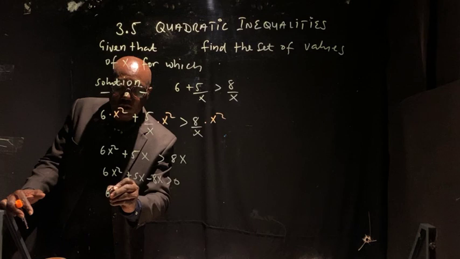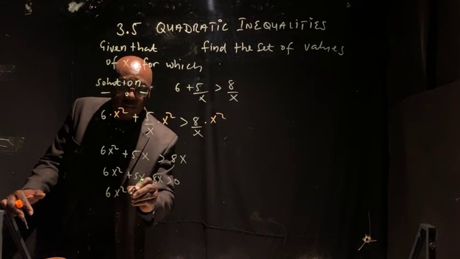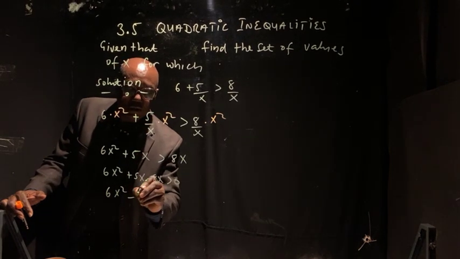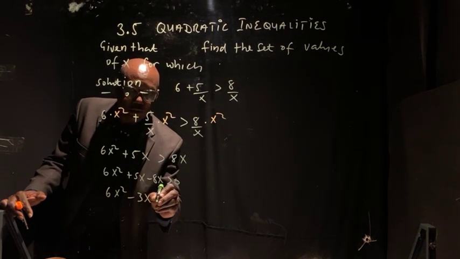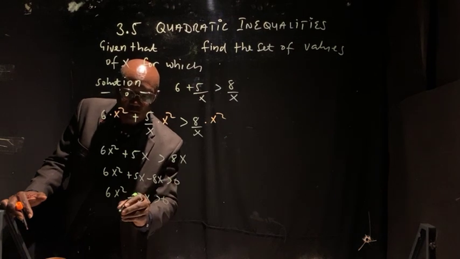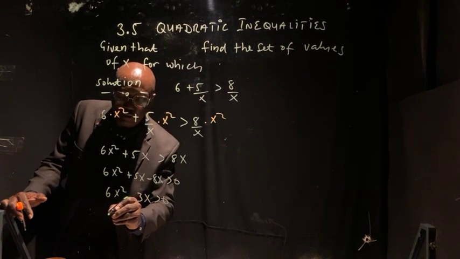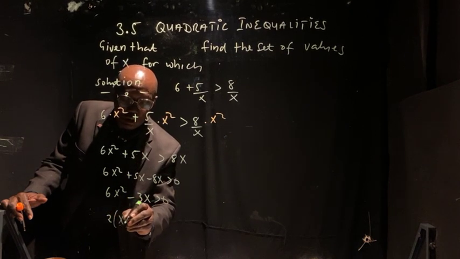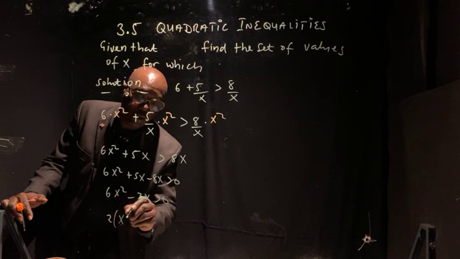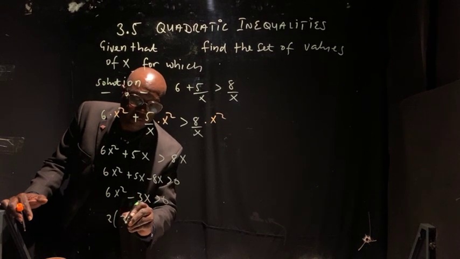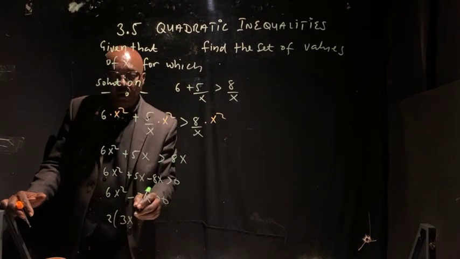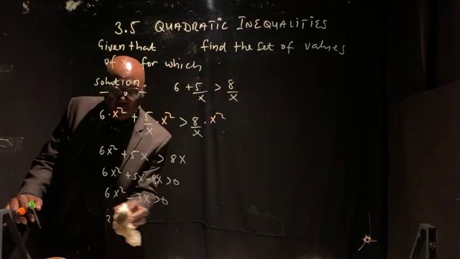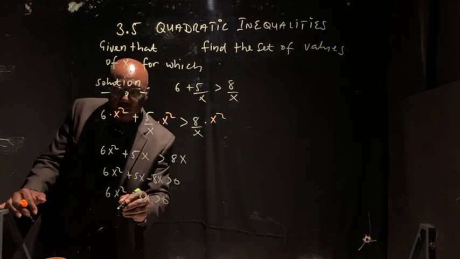We have 6x squared minus 3x greater than 0. We factorize 3x outside, so we have 3x times 2x minus 1 greater than 0. We said that we will factorize to make it shorter.